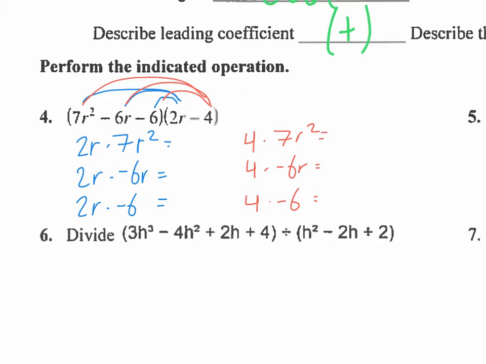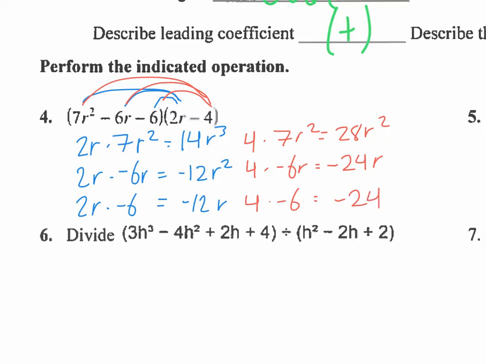Then I just do it. 2r times 7r squared is going to be 14r cubed. This one's going to be negative 12r squared. This one's going to be negative 12r. And over here I have 28r squared, negative 24r, sorry, going too fast, and negative 24. Then I've got to combine all of it.